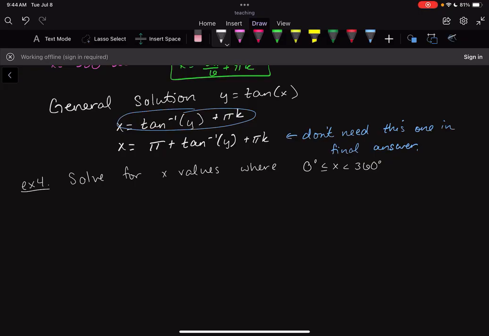So for this one, let's do a few. I'll switch up sine, cosine, tangent. Let's do a sine one: sine x equals -1.